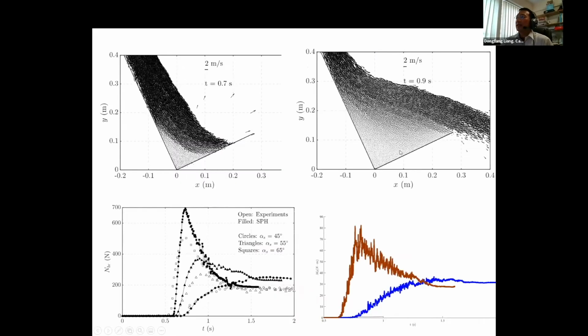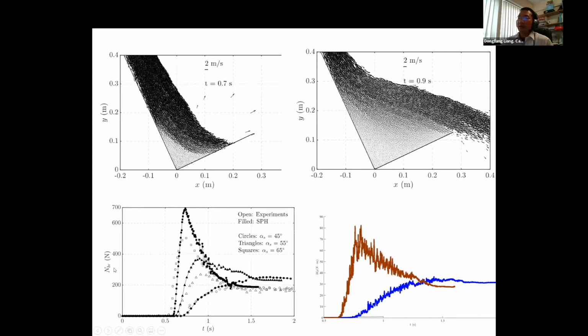As you can see, the soil particles are almost stagnant in a triangular zone in front of the retaining wall, but above this stagnation region, there is very rapid soil particle movement.